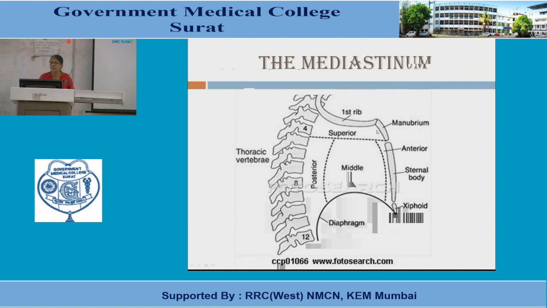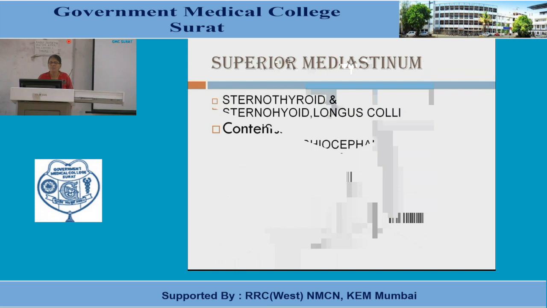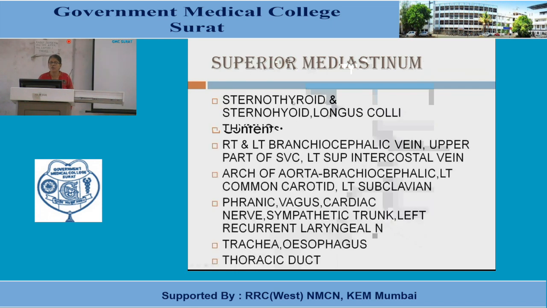So they take origin from here and go to the hyoid bone. These strap muscles, sternohyoid and sternothyroid, are the anterior contents of the superior mediastinum. And longus colli is posteriorly placed, near the vertebrae. So three muscles you have to remember: two very close to the manubrium and one near the upper thoracic vertebrae.